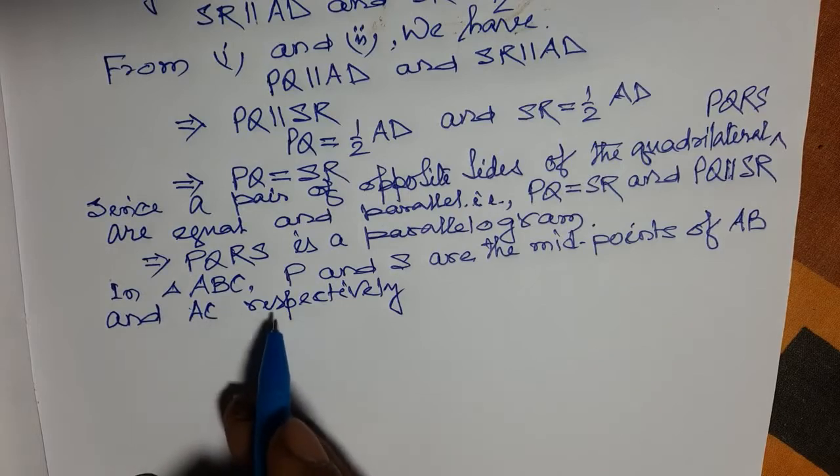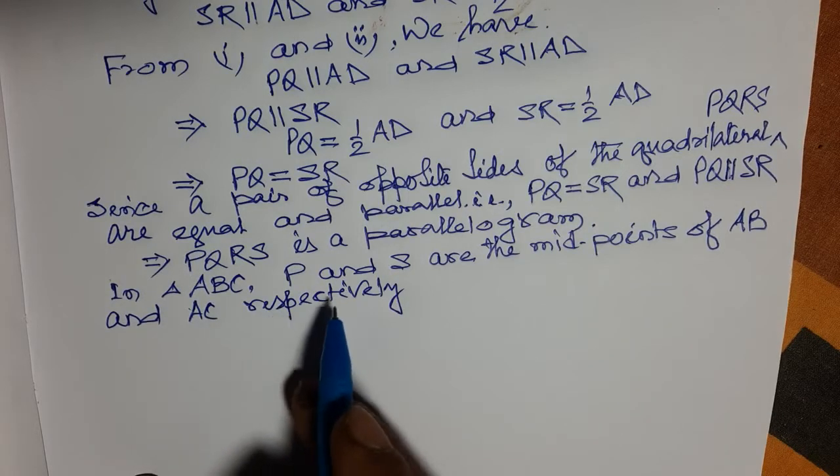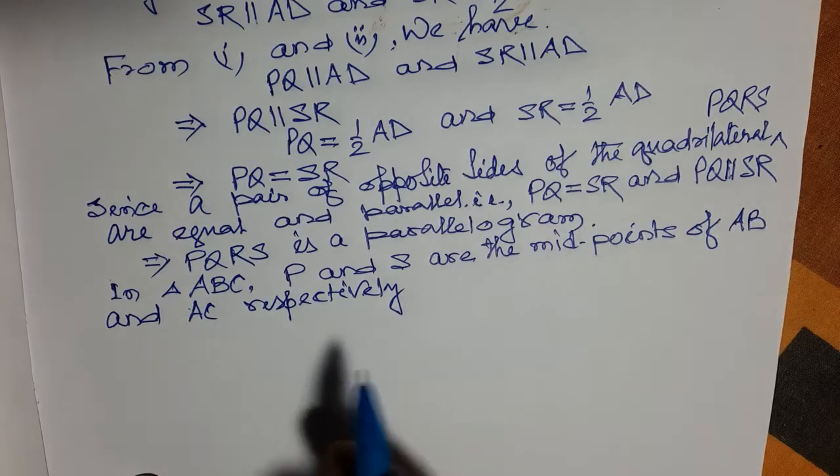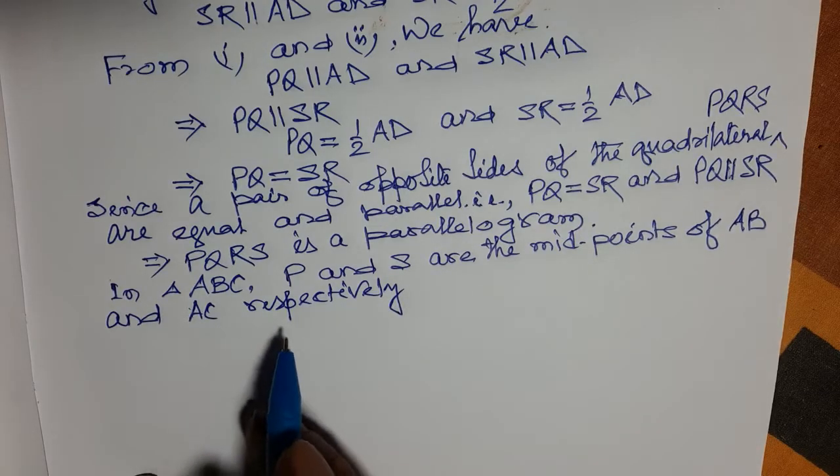In triangle ABC, P and S are the midpoints of AB and AC respectively.